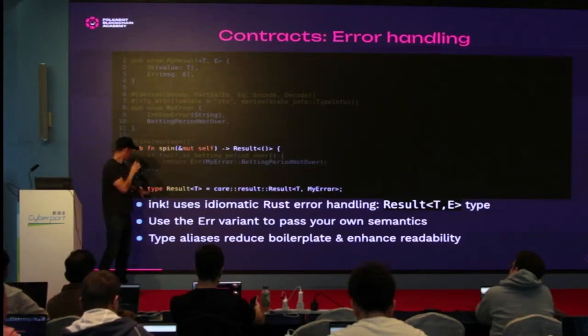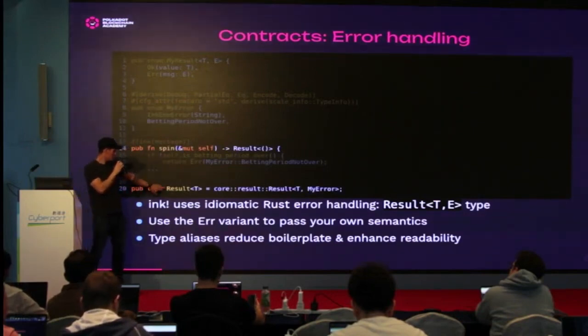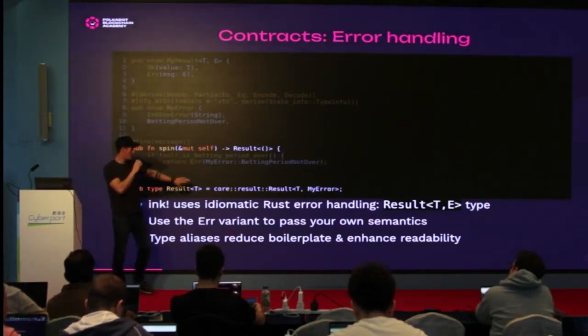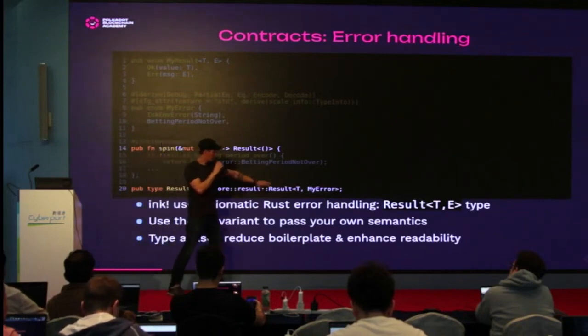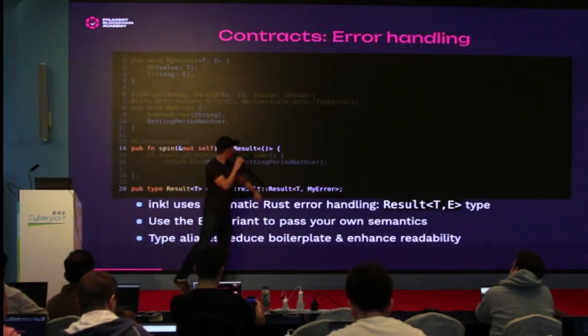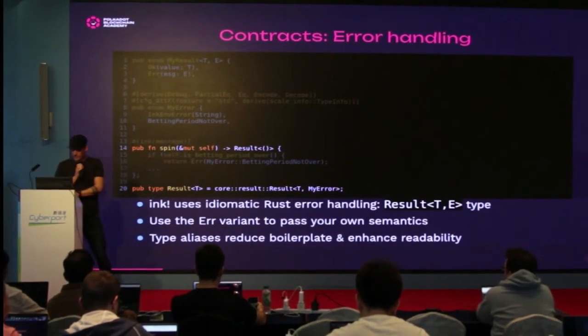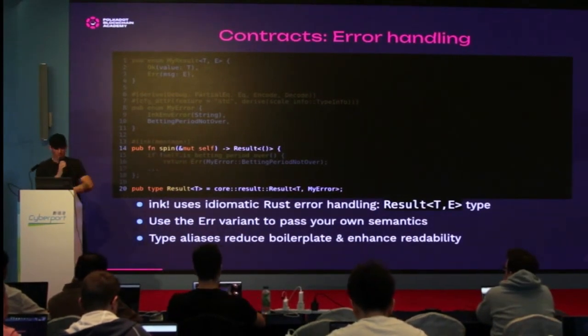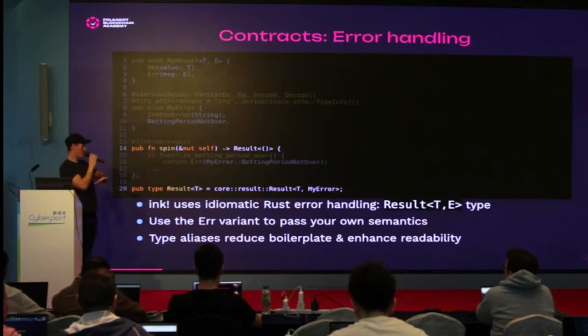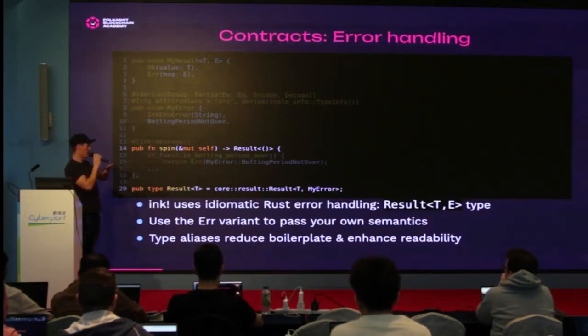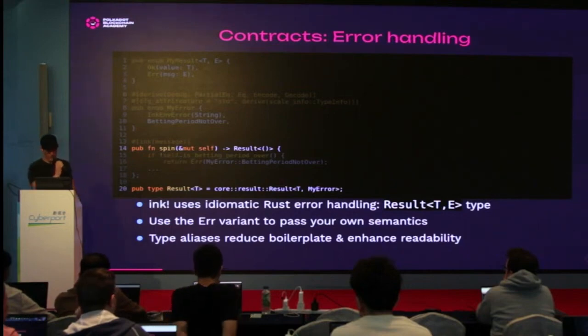This is just to reduce boilerplate, so I'll define it as the core result with some generic type T, and a variant of my enum error. And just because it's Rust, the compiler will make sure that you handle every possible place where this can fail. This makes it actually quite pleasant compared to Solidity.